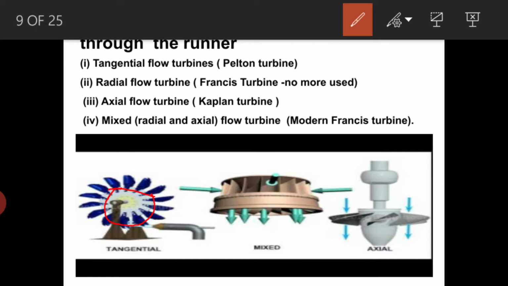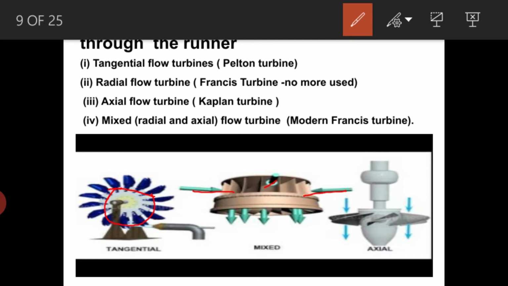If the water enters at the outer circumference and flows radially inwards towards the center of the runner, then the turbine is known as an inward radial flow turbine. The old Francis turbine is an example. On the other hand, if water enters at the center and flows radially outwards towards the periphery of the runner, then the turbine is known as an outward radial flow turbine.